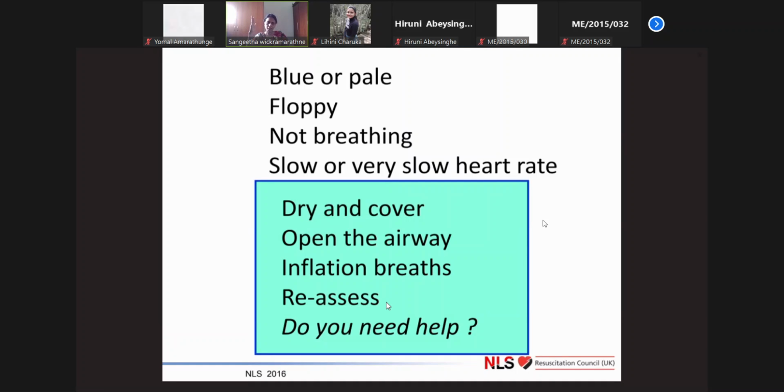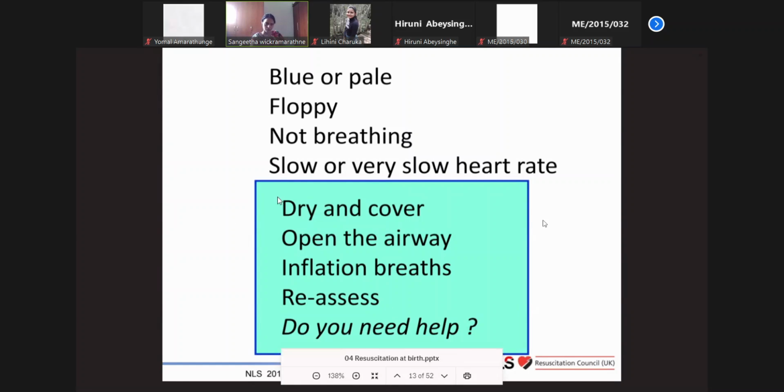Then you open the airway, and depending on the breathing effort, you might have to go for inflation breaths. And following that, when you do something, you have to reassess always, right? In between each and every step, dry and cover and opening the airway, still reassess color, tone, breathing, heart rate. And if it is not responding, only then do you go for inflation breaths.